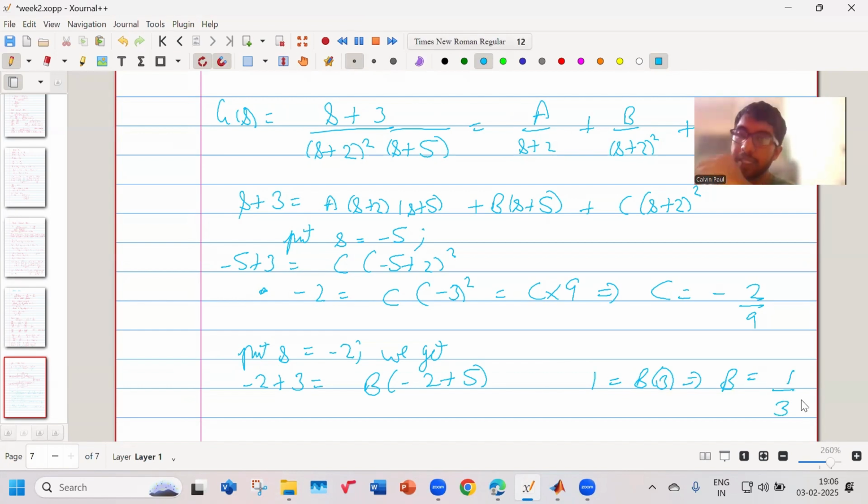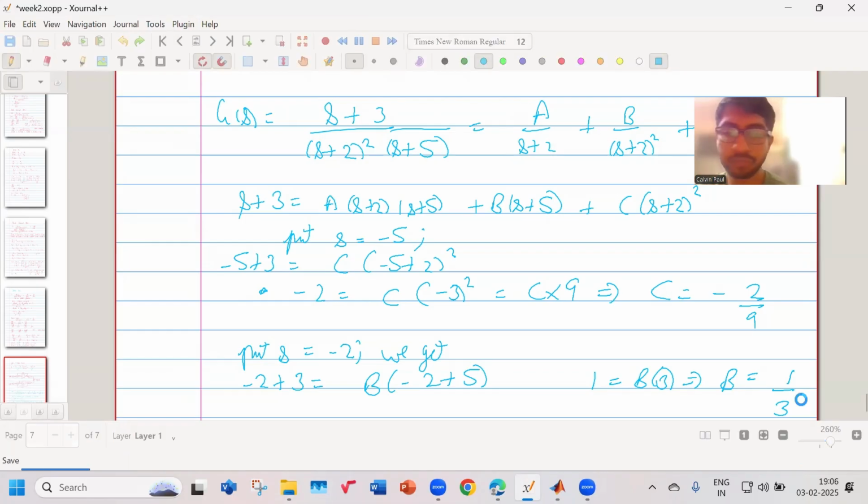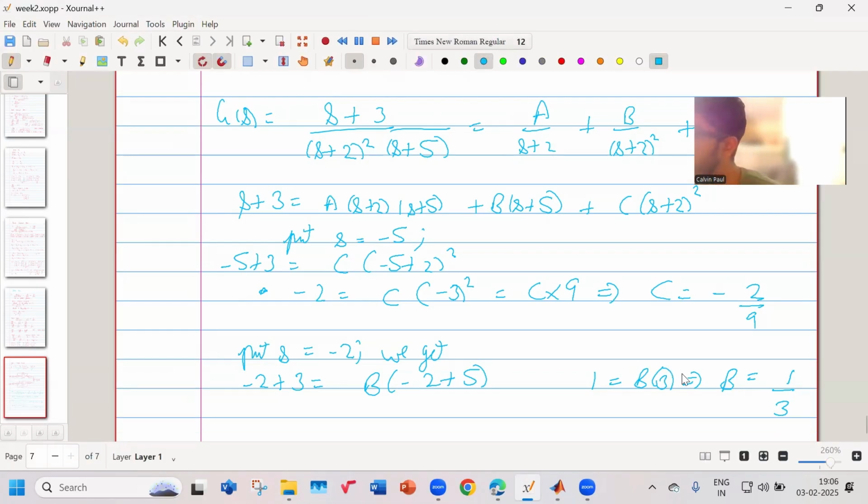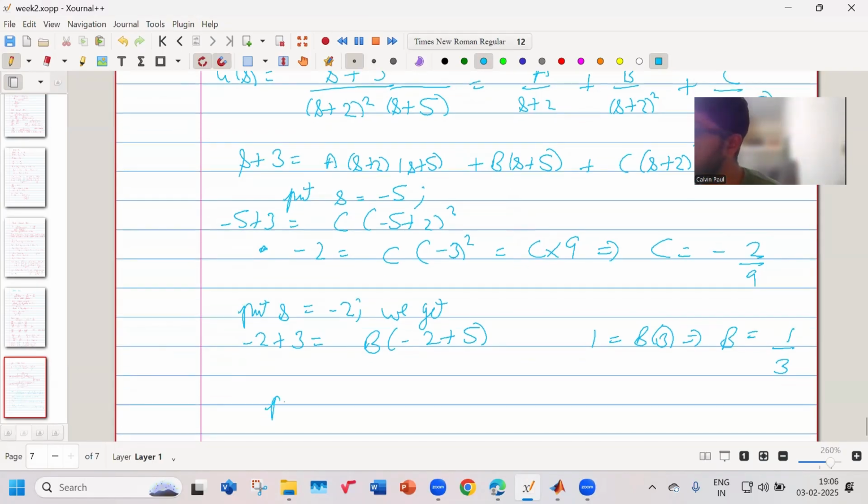So we have gotten B is equal to 1 upon 3. Now we need to get A. So what I do in this case is I'll put s is equal to 0.